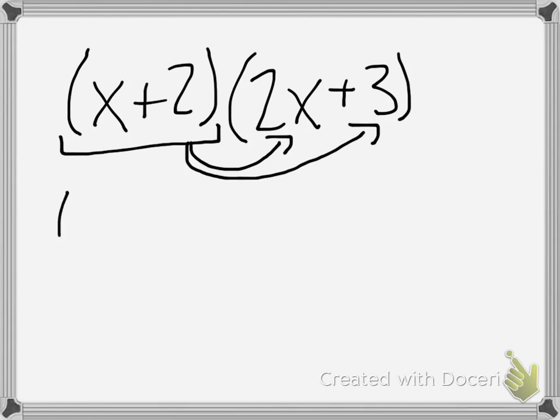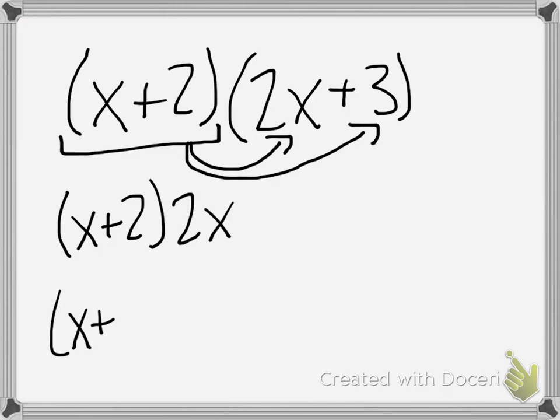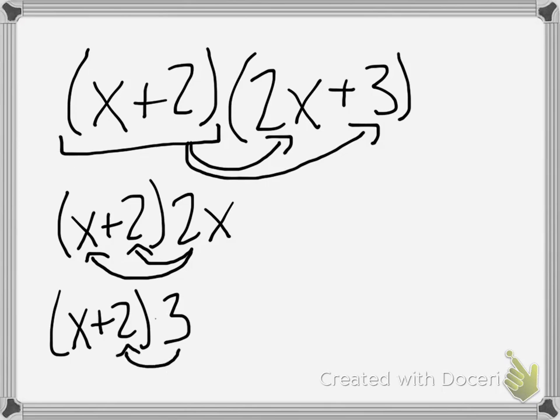So I'm going to have x plus 2 times 2x, and I'm going to have x plus 2 times 3. And then in each of those, I have to apply the thing on the outside to each of the 2 on the inside. I have to distribute again.